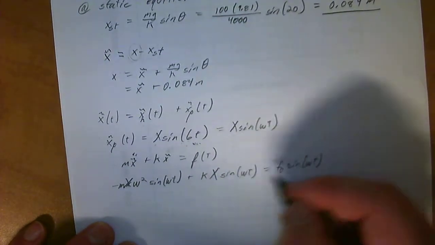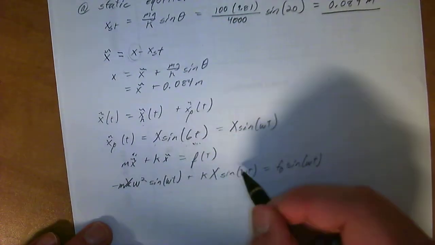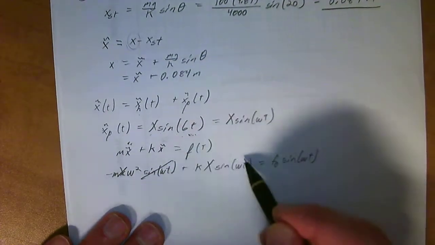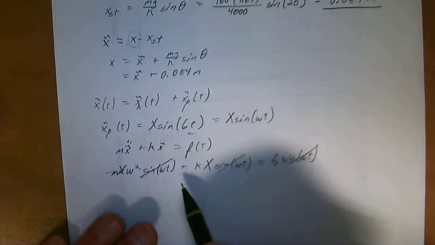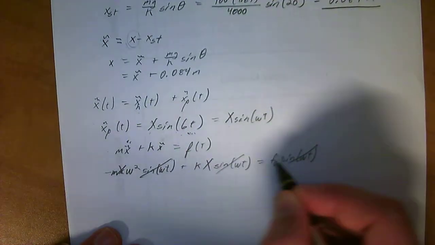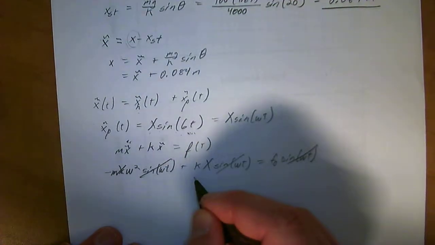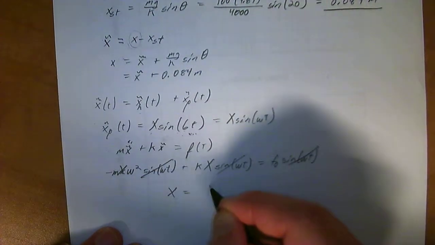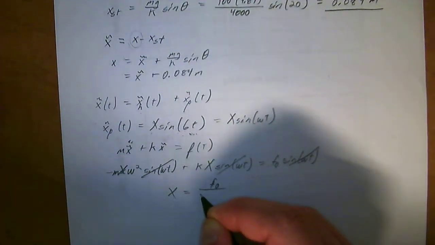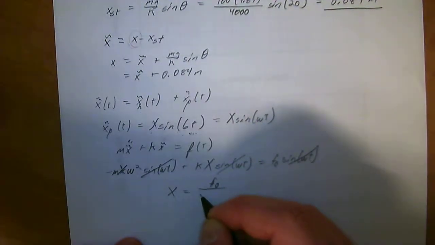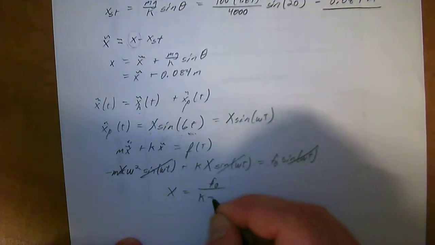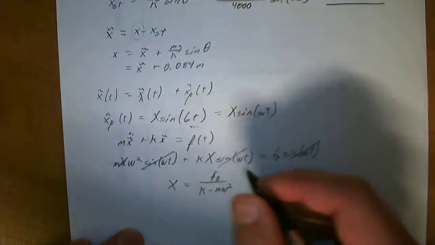If you wanted to substitute numbers in here, that's fine, but what we're going to do here is cancel a whole bunch of this stuff, so it's really not necessary, because you can factor out a sine of omega t just like that, and if you solve this out for x, x will equal f naught all over k minus m omega squared.